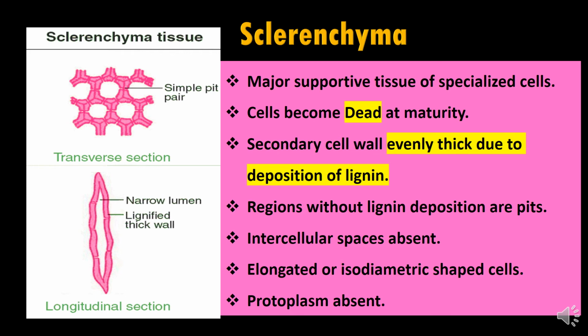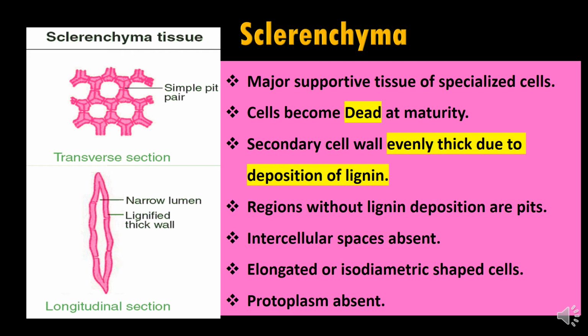So these regions are called pits, and due to these pits, these cells actually are connected with the neighboring cells. Intercellular spaces are absent as cells are compactly arranged and they have very thick deposition over the cell wall, and cells are elongated and isodiametric in shape, and protoplasm is absent at maturity.